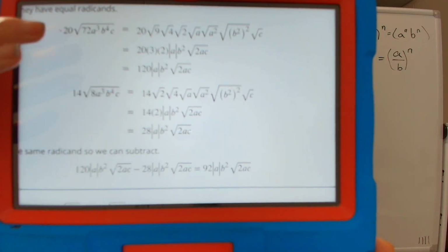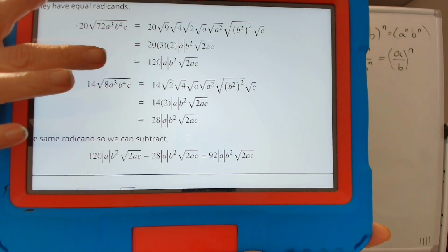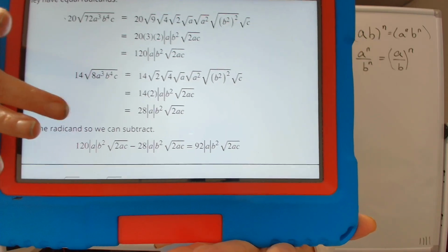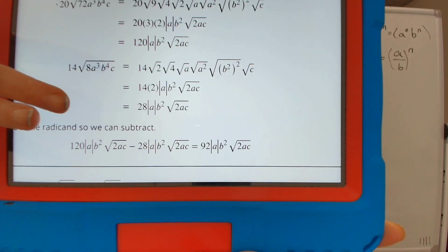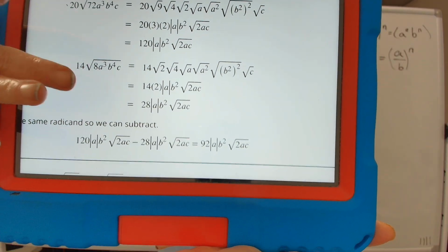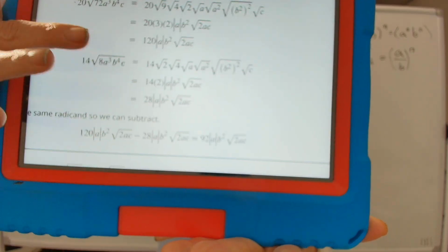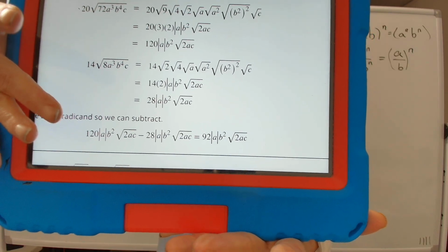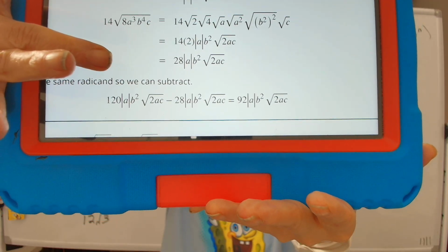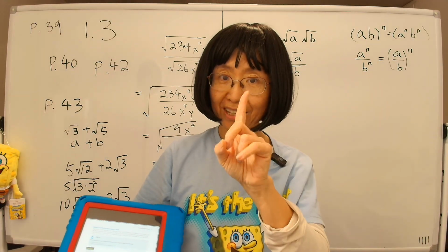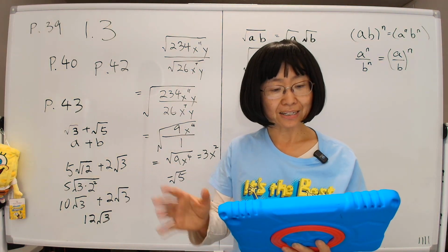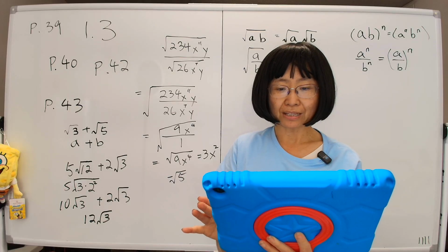When you simplify the first part, it ends up being this, but it has ab squared and square root 2ac in it. And the other chunk ends up with the same stuff, ab squared, square root 2ac. Therefore, you can subtract and end up with 92 of the apple. That big complicated thing, ab squared, square root 2ac, that's your apple. That whole thing is one apple. Then you just do the subtraction exactly the same way. So please do example 7 as part of your homework.